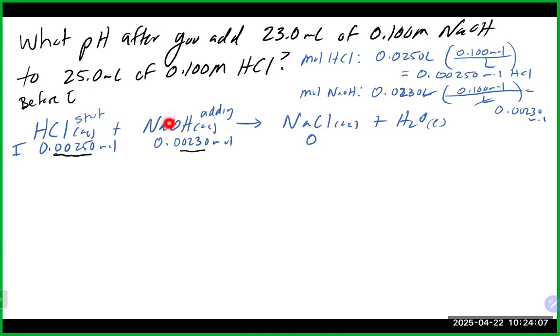So again, a lot of times it's good to know where you are in the titration curve because it can help you with the math part as to what math you should do. So because I'm before the equivalence point, that means whatever I'm adding really is a limiting reagent. I'm not going to have enough of it. And that is going to be the change here. Again, always the smaller number is what we're looking for.